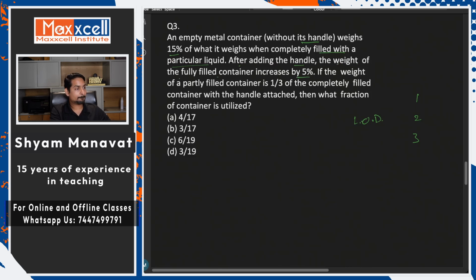All right. If the weight of the partly filled container is 1/3 of the completely filled container with handle attached, then what fraction of the container is utilized? That means it is in terms of the capacity of the container, right?